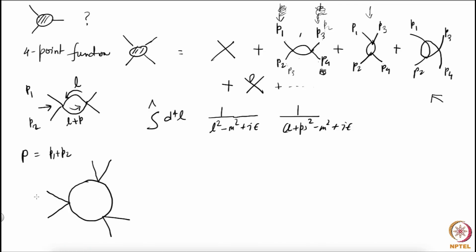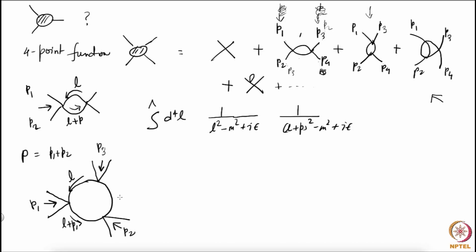Okay, so you have the sum of these two momenta, let's call it P1, it enters here. Sum of these two, let's call it P2, that enters at this vertex. And the sum of these two, let's call it P3, and it is injected into the diagram at this vertex. Okay, and let's assign momentum L like this, then it becomes L plus P1.